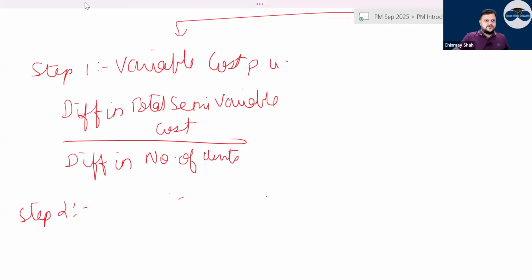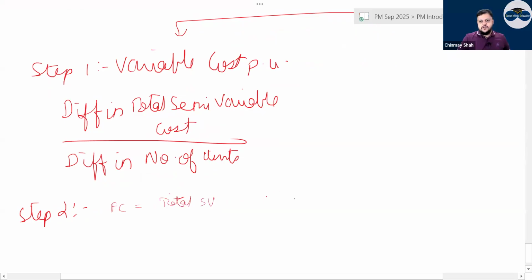Step 2, can I write like this? Fixed cost is equal to total cost given, total semi-variable cost minus base units into variable cost per unit from step 1.